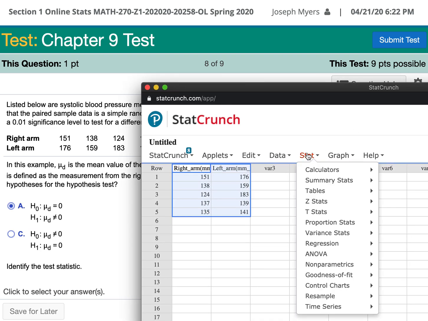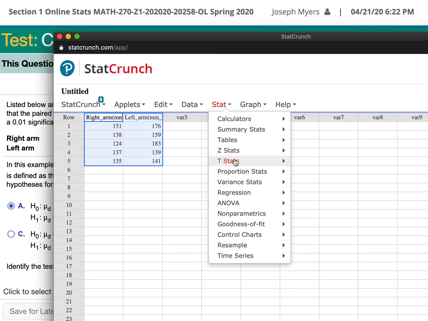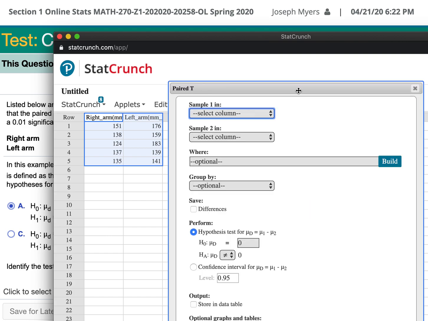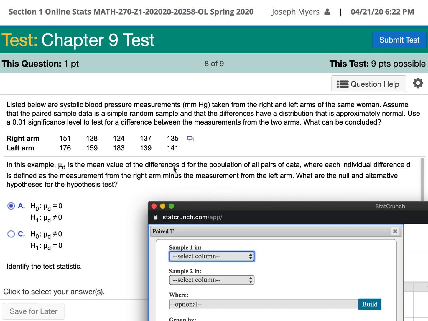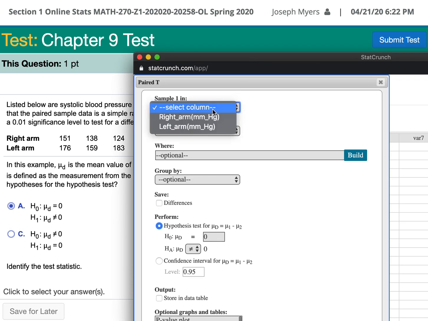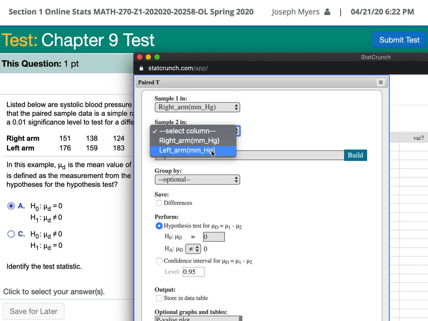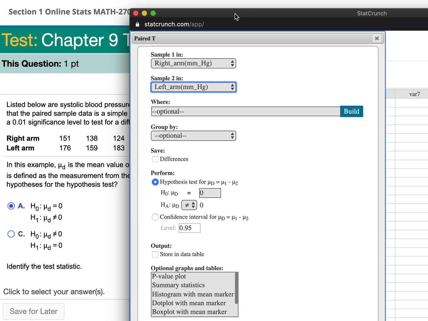And so we're going to do stats, t-stats, paired, and it says that the right arm goes first, right arm minus left arm. So sample 1 would be the right arm, sample 2 is the left arm, and we're doing a hypothesis that it's either equal to 0 or not equal to 0.